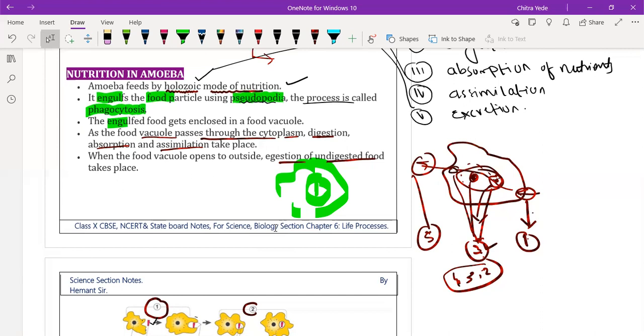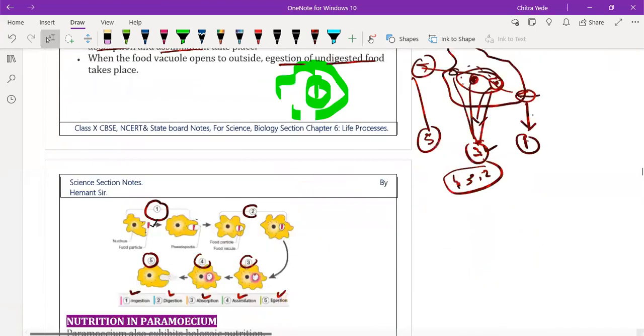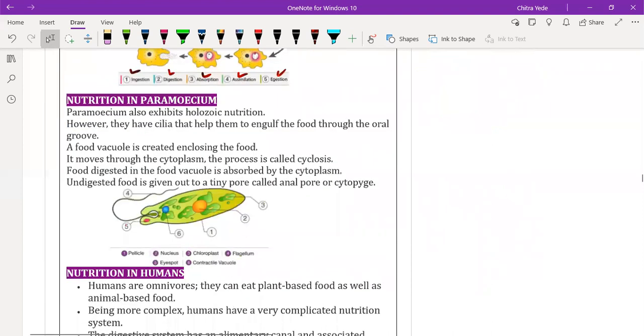That's why in amoeba or in any other unicellular organism, the holozoic process is very simple. But as the complexity of the organism increases, that process becomes more complex. So now we will discuss the nutrition in paramecium.